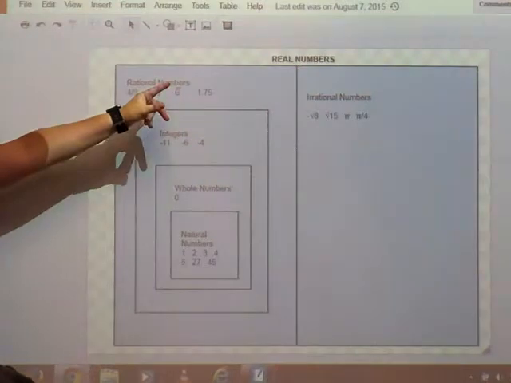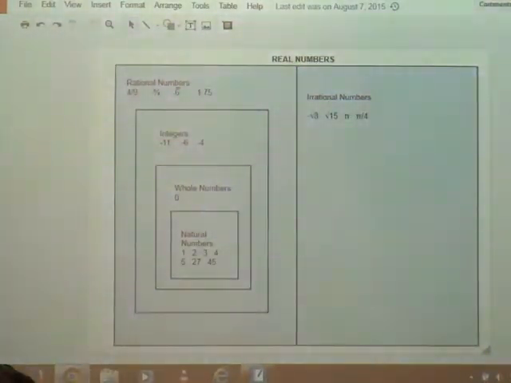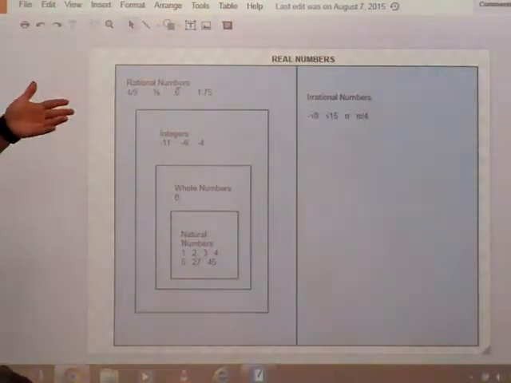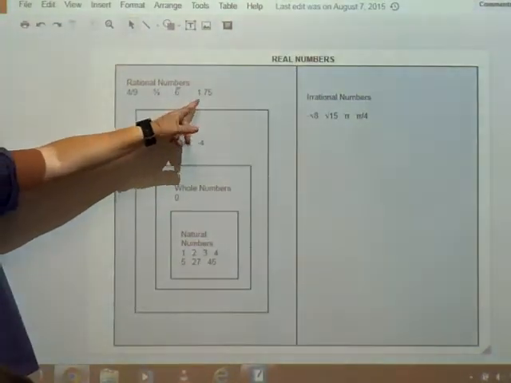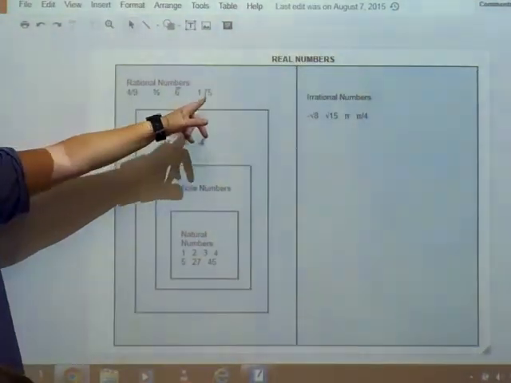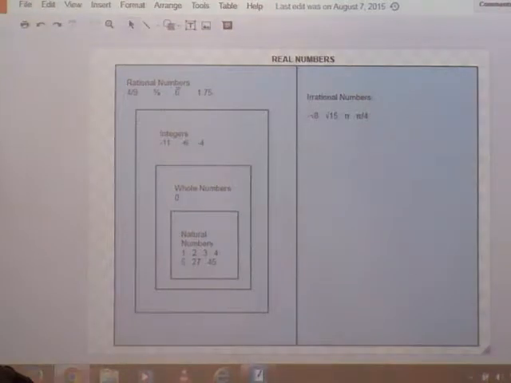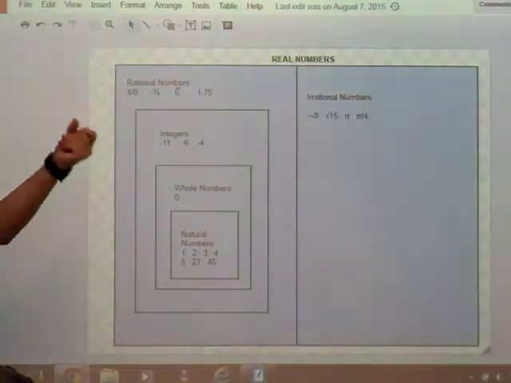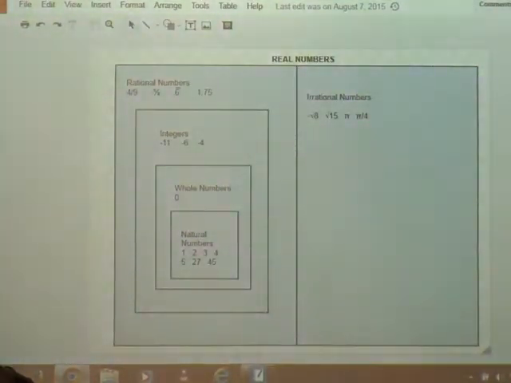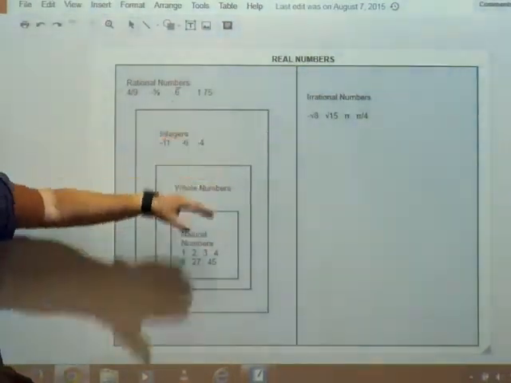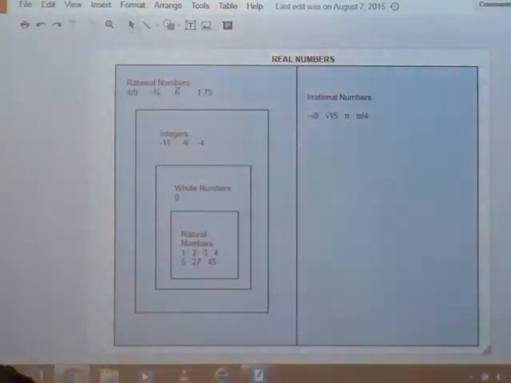It's a common one, you better know it. 2/3. Good, 0.6 repeating is the same as 2/3. So that's a fraction. What about 0.75 as a fraction? That's an easy one. 3/4, right. 75 cents, you got 3/4. So those can be written as fractions. Rational number can be written as fraction.